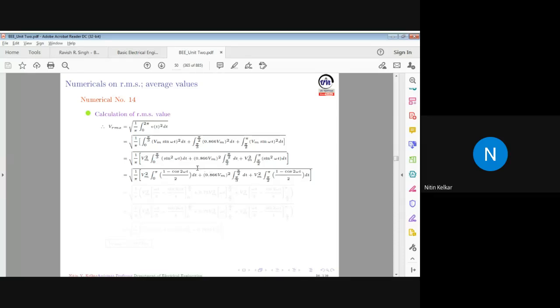Once again, as you can see, you just need to know what is the substitution for sine square theta. If you know that, then the remaining part is comparatively easy. You just have to carry out the proper integration and solve it further.